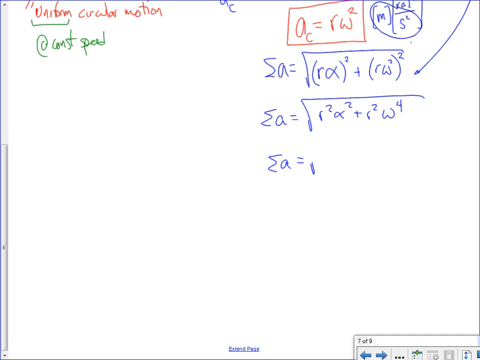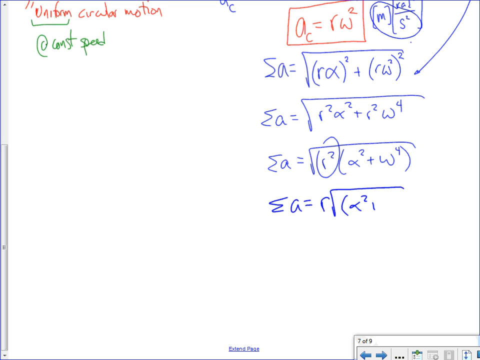So that would be R squared times alpha squared plus omega to the fourth. And then we can pull the R squared out of the square root. So you'll see it, or you can use it if you choose, like this.